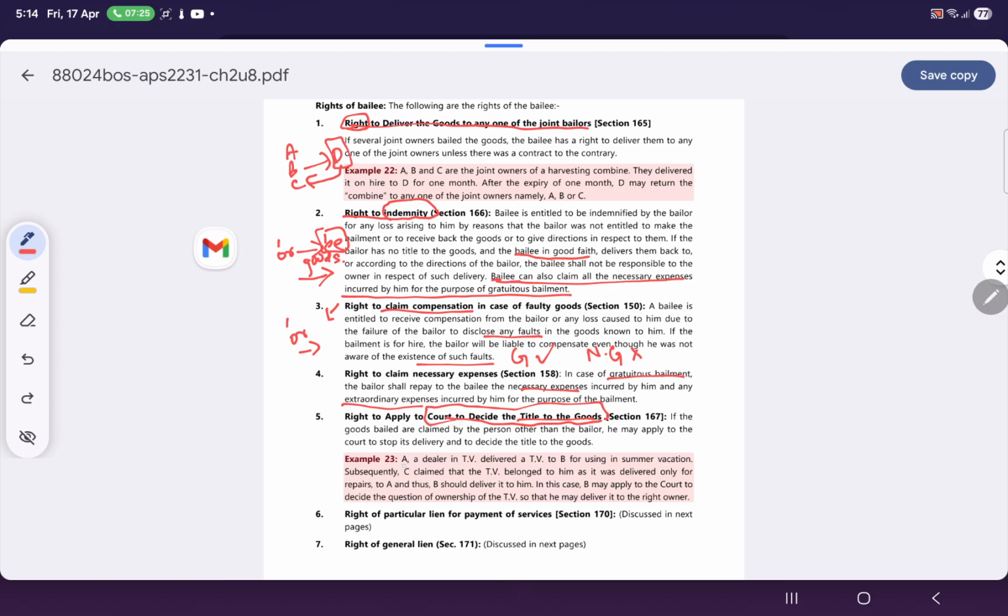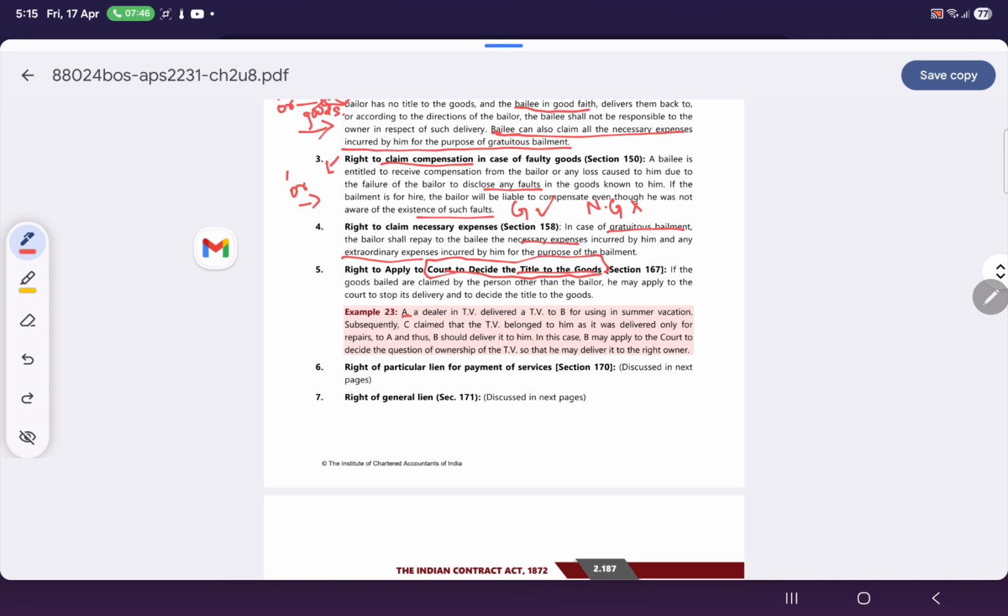A, a dealer in TV, delivered a TV to B for use in summer vacation. Subsequently, C claimed that the TV belonged to him as it was delivered only for repairs to A, and thus B should deliver it to him. In this case, B may apply to the court to decide the question of ownership of the TV so that he may deliver it to the right owner. So, the bailee can go to the court for this purpose.